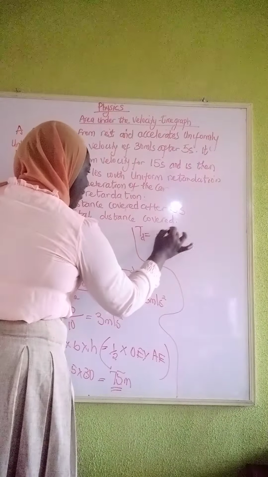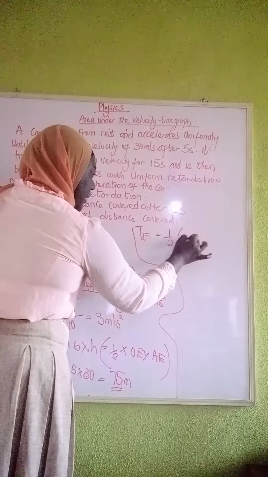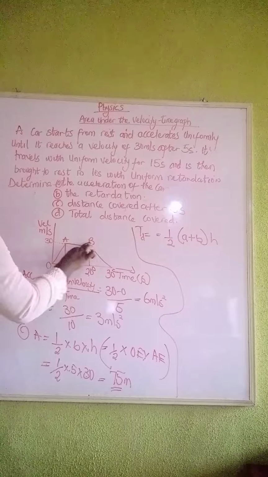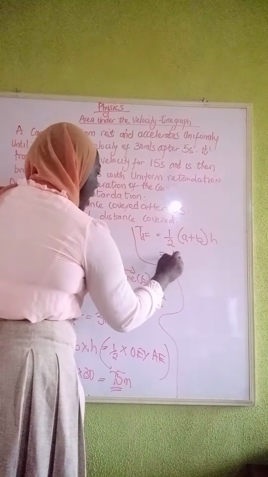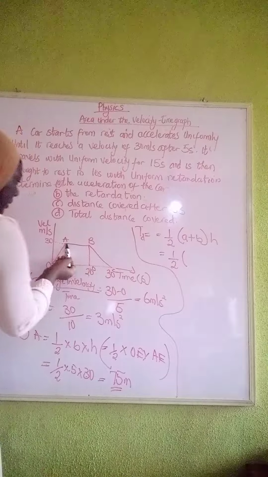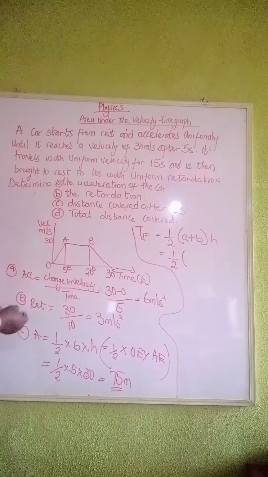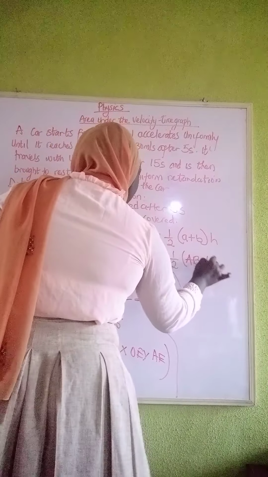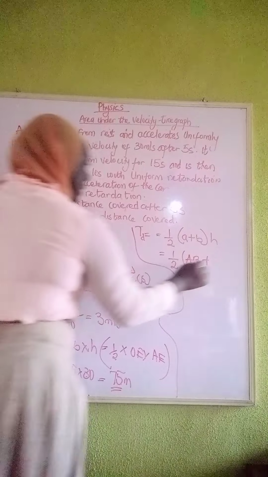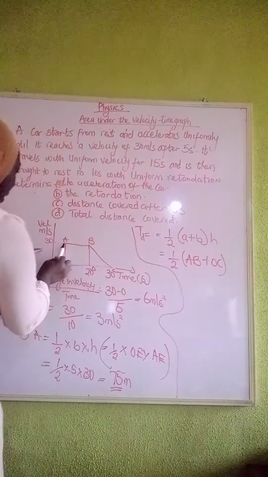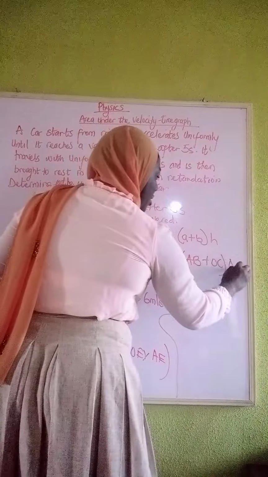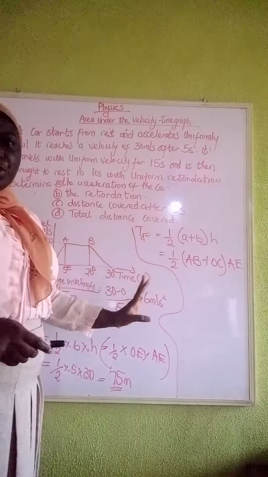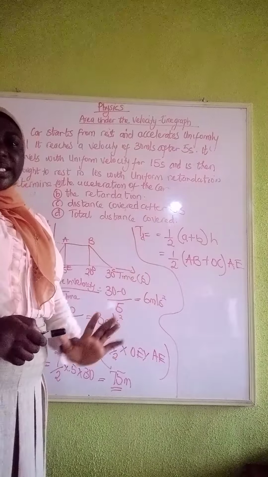The formula for the area of a trapezium is half into bracket A plus B into bracket H. If I use letters as illustration, this is my A, that is AB, my base is OC, and my height is AE. But I don't want to confuse you, so I'll just use the formula of a trapezium. Either way, we'll arrive at the same answer.